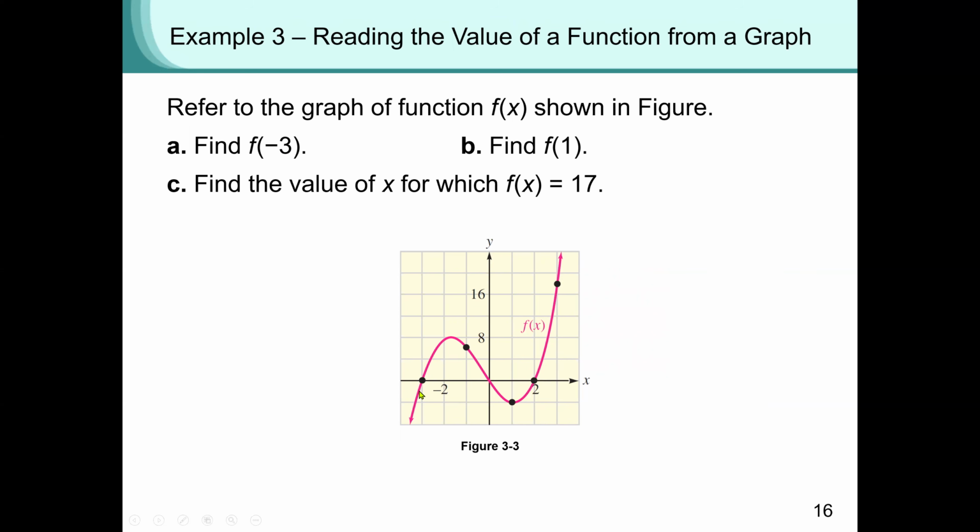So I'll go to -3, that's the point right there, and I'll look for the value of y. I can see that at -3, the function f of x at -3 is equal to 0 because it's on the x-axis. And at 1, the function will be 1.